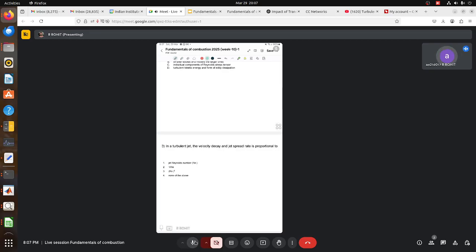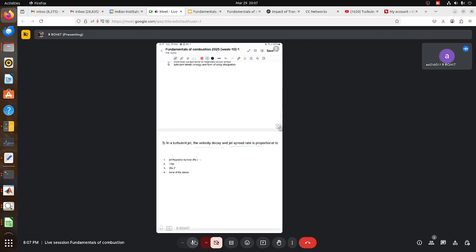The question is, in a turbulent jet, the velocity decay and jet spread rate is proportional to what. The jet spread rate is not related to the Reynolds number, and the jet velocity decay is also independent of the Reynolds number. So it is not proportional to the Reynolds number, nor 1 by the Reynolds number, nor the square.